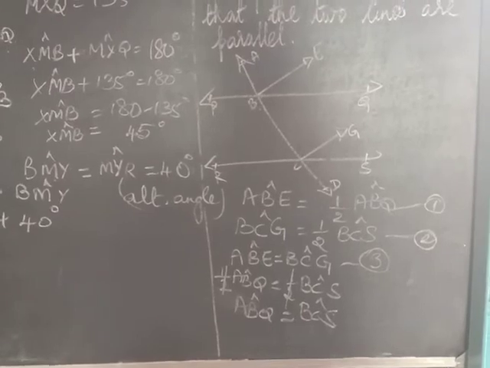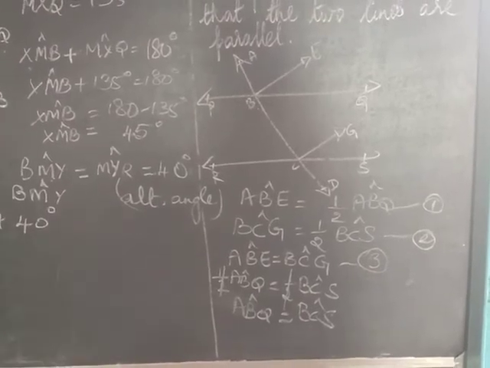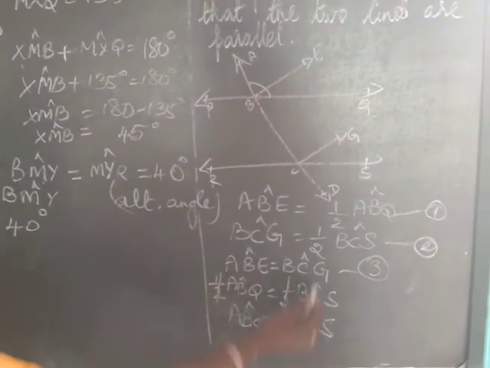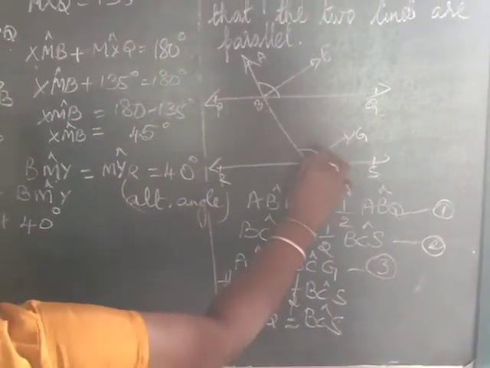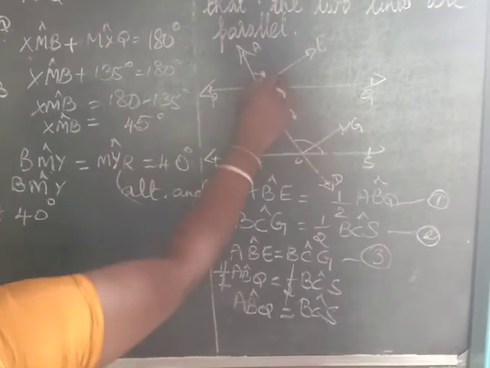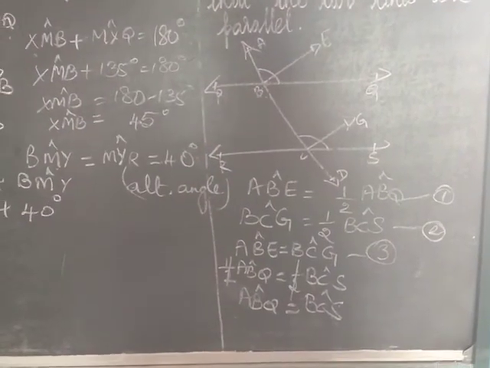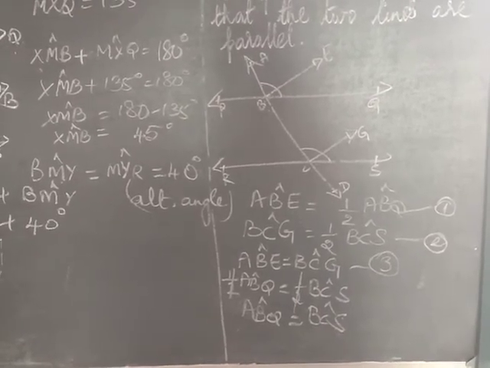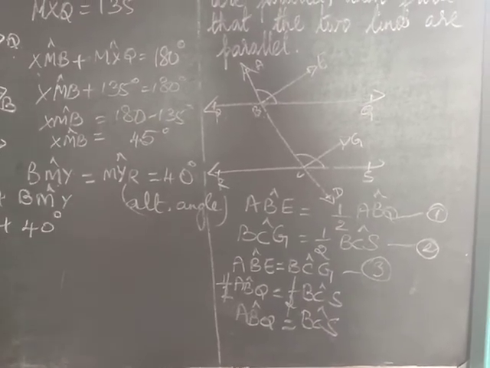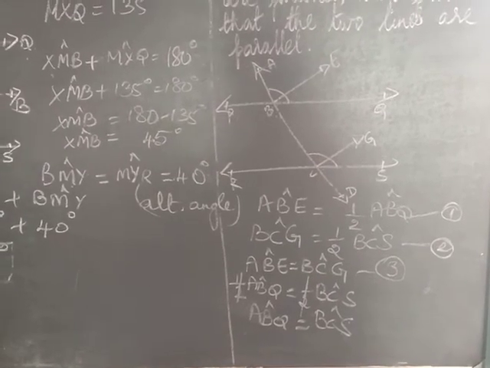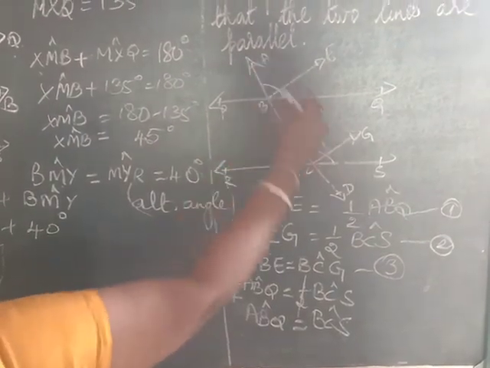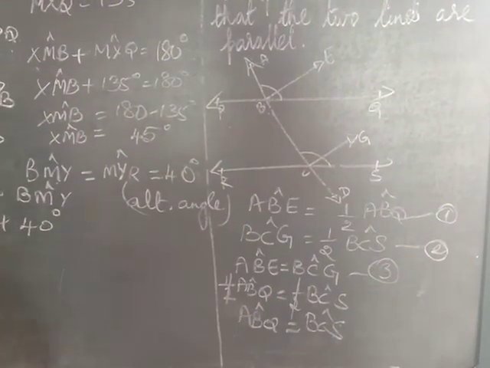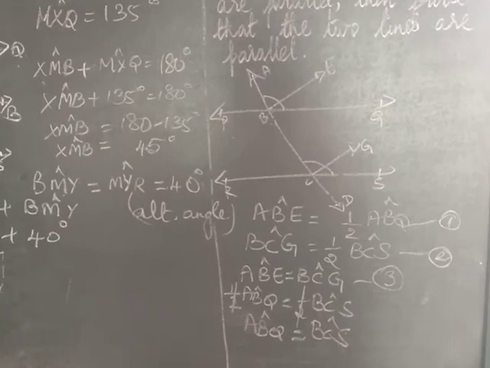So what type of angles are these, ABQ and BCS? They are corresponding angles with the transversal AD with PQ and RS, and they are equal.